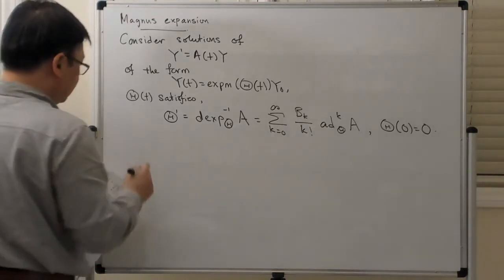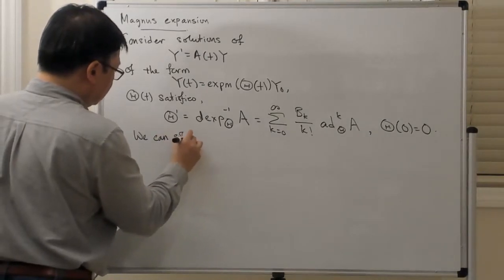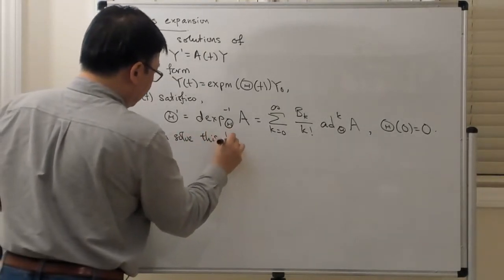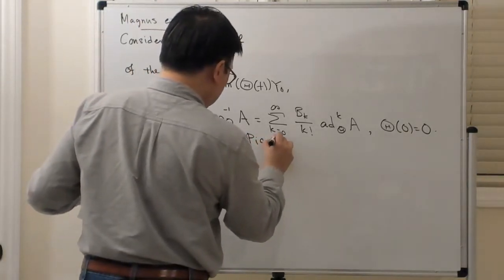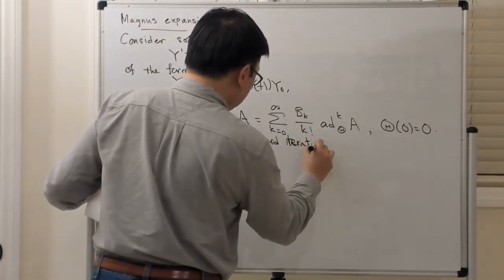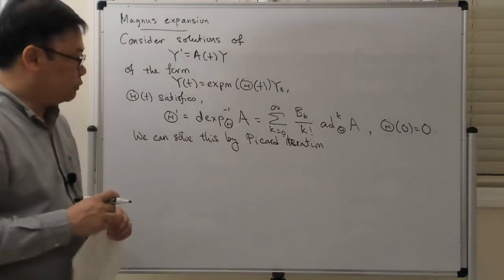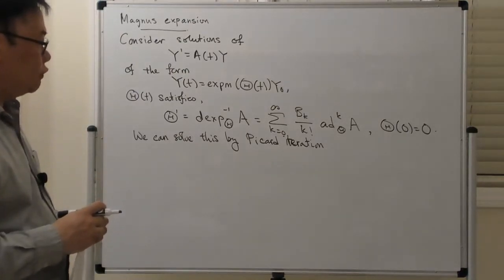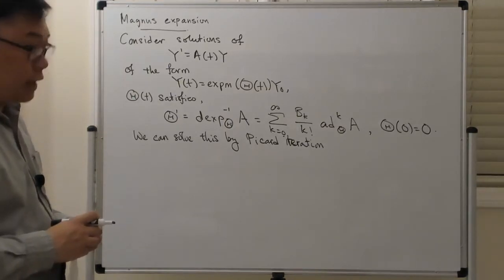Okay, so we can solve this by Picard iteration. And if you haven't seen Picard iteration before, it's basically a fixed point iteration which comes from considering the fundamental theorem of calculus, right?